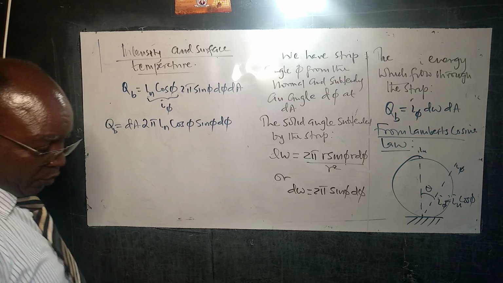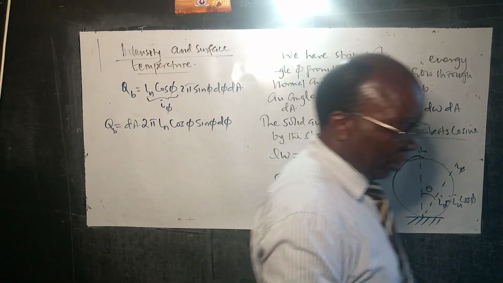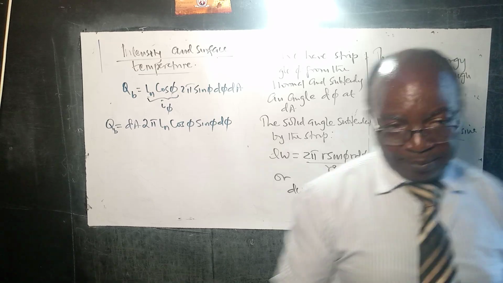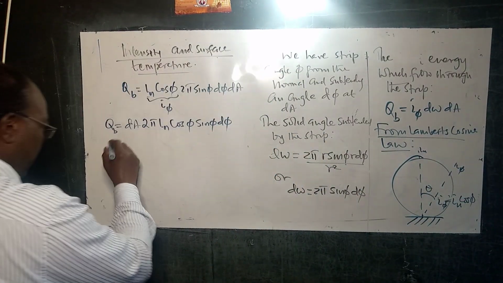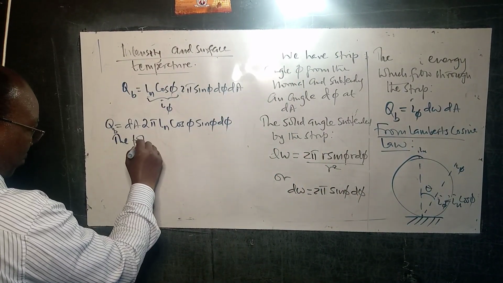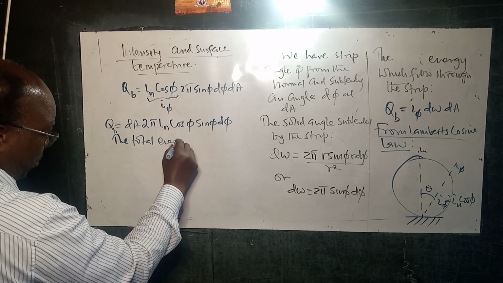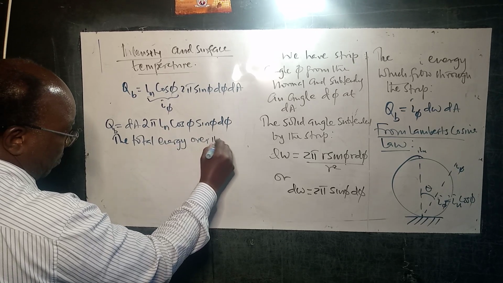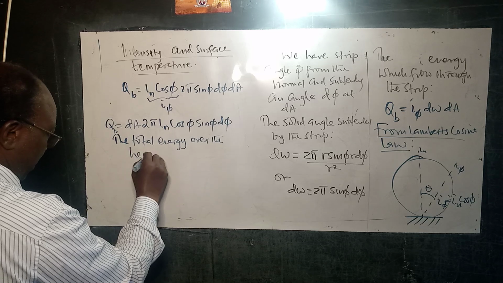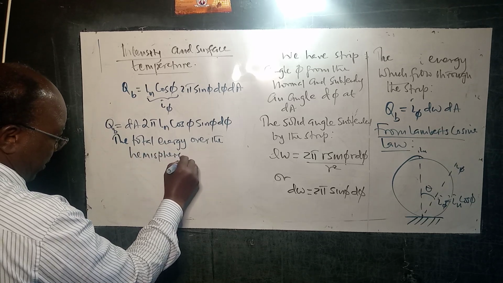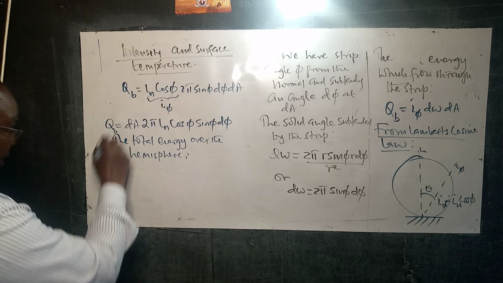So, when you want to look at the total energy over the whole hemisphere, it would simply mean integrating the quantities.